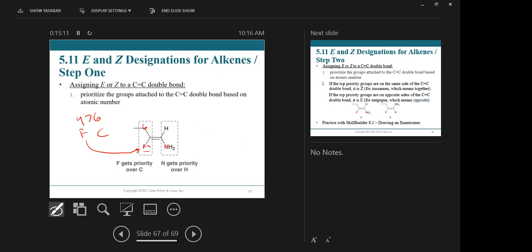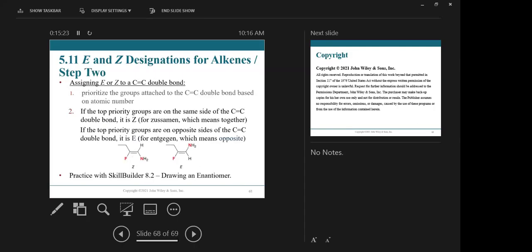Here we have nitrogen, so nitrogen is going to have priority over hydrogen. So this will be the Z designation, Z for same side. Here you have Z, and here you have E because we just flipped the nitrogen.